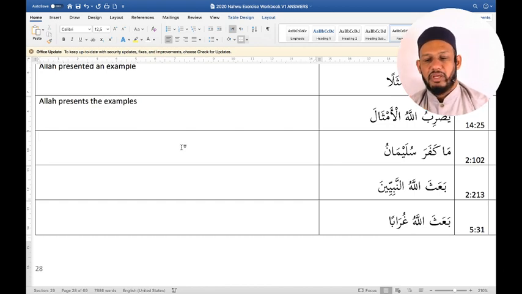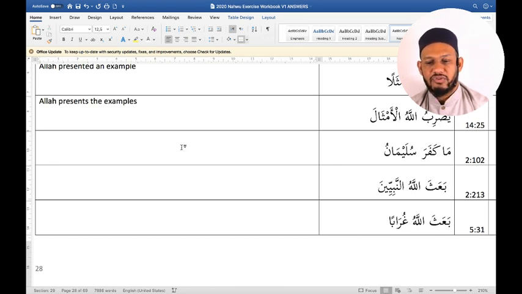Next one. ما كفر سليمان. The word ma has a few meanings, but in this context the word ma means not. Kafara means disbelieved. If I look at the end, I see nothing there. I see to the left the word Sulaiman, Prophet Sulaiman alayhi salam.